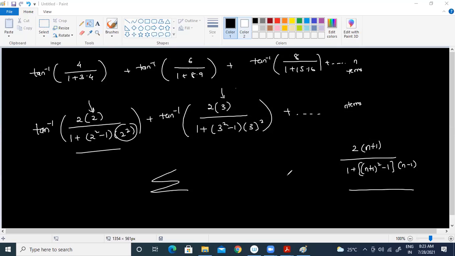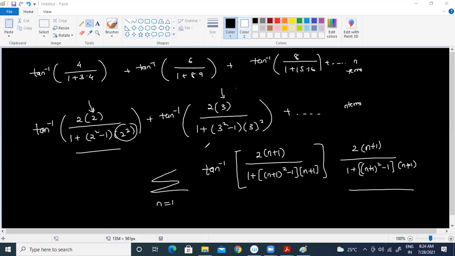Now you can tell them that this series is nothing but the summation of tan inverse of 2 into n plus 1 upon 1 plus n plus 1 bracket square minus 1 into n plus 1, where n runs from, or you can say r runs from 1 to n.